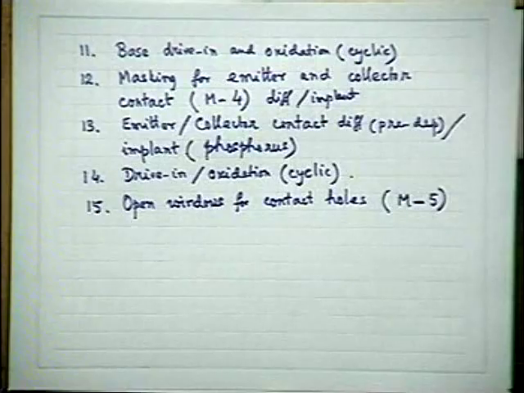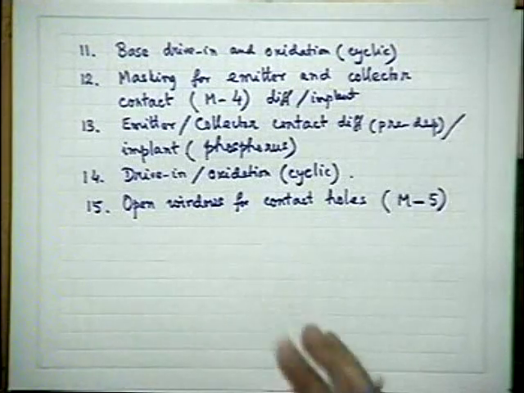All the devices you have now by this time fabricated on the chip, transistors, resistors, diodes, etc. You have to now drill holes through the oxide to take contact from the emitter, base, collector, etc. That's why this step: open windows for contact holes through oxide.